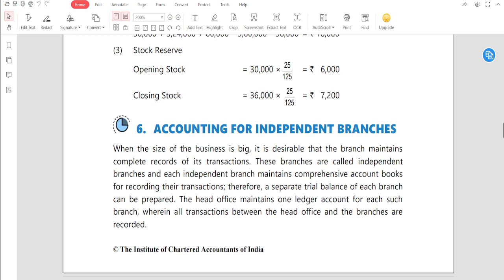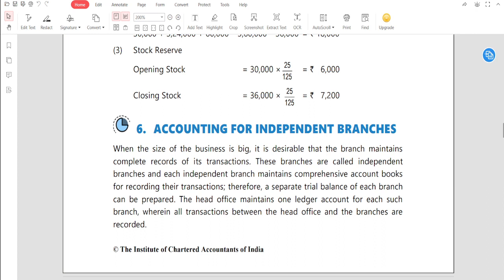So they want to capture the southern part. If a single branch wants to cater to a very big area of the market or operation, then it is a separate branch that wants to maintain its books of accounts separately.